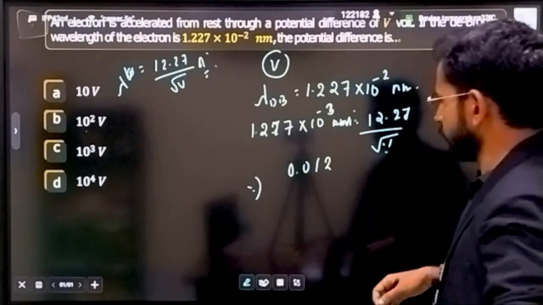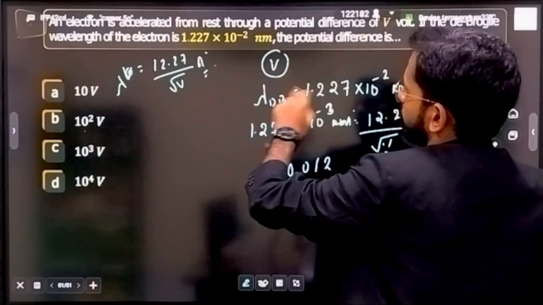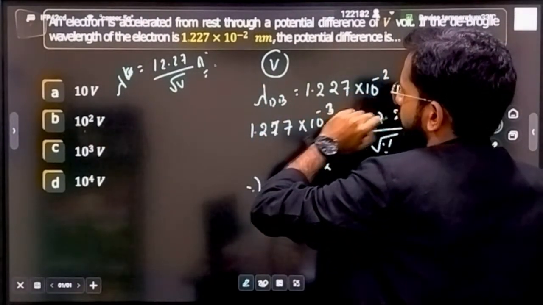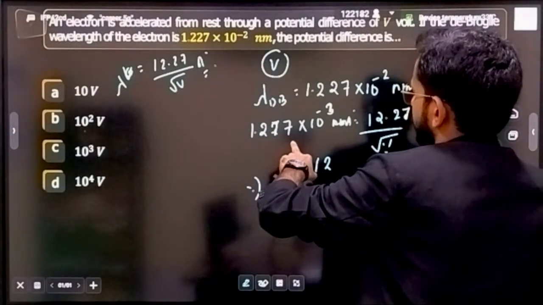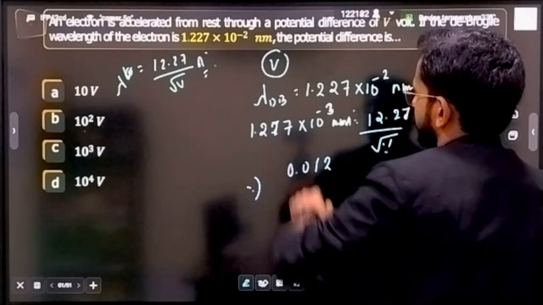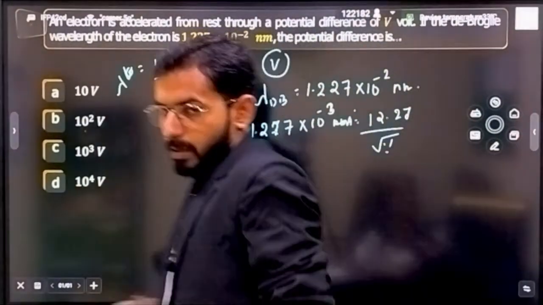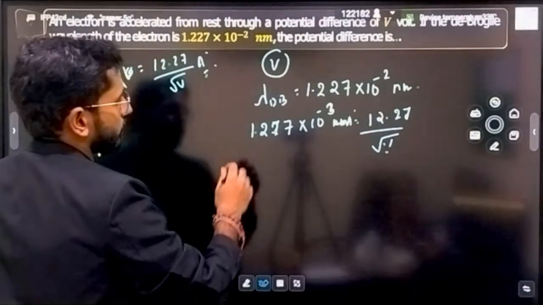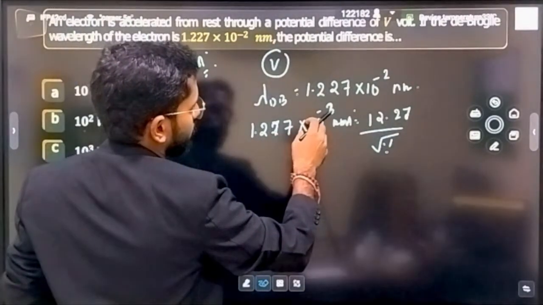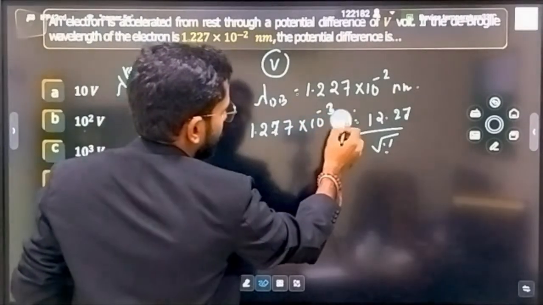0.12, how much will it be? 12.27 into 10 power minus 2, 1.27. Calculate it properly. Let's calculate it properly. This is written correctly, in terms of angstrom.